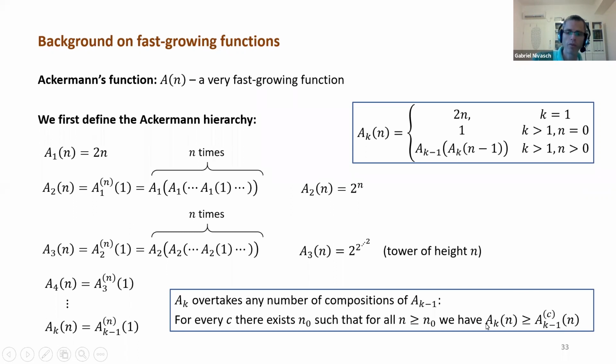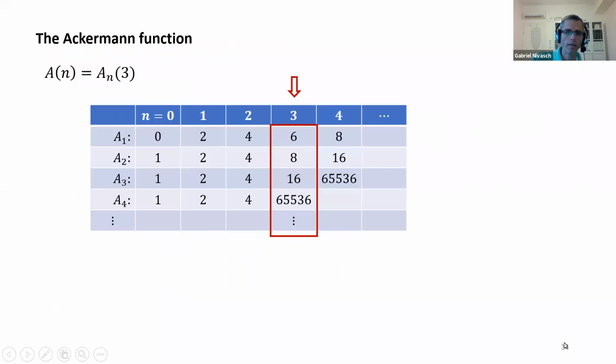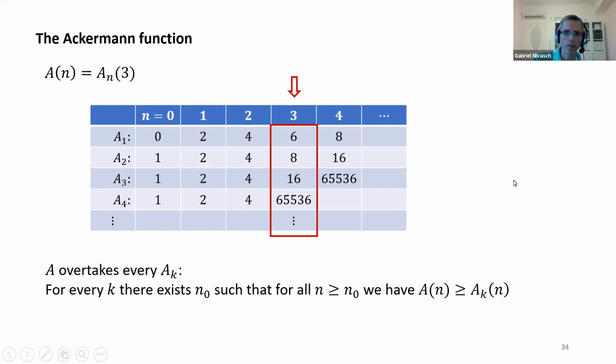But AK grows even faster than that. And then you define Ackermann's function by sort of columnizing this two-dimensional table. So A of n is defined as A n of 3, and this function grows faster than any AK.